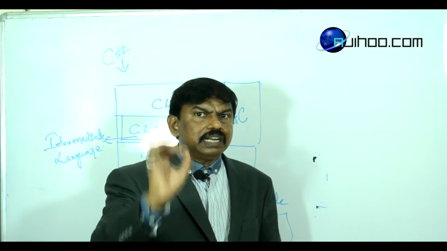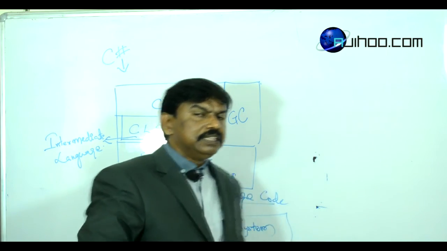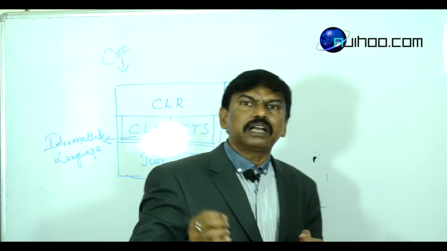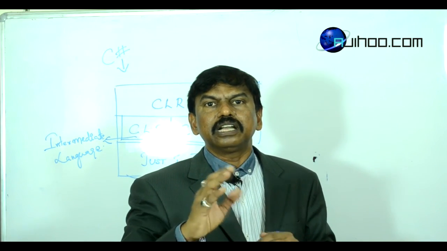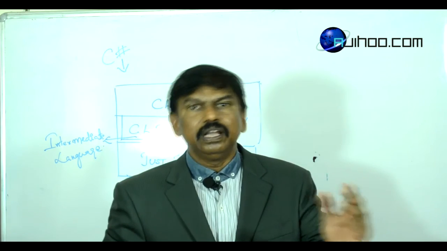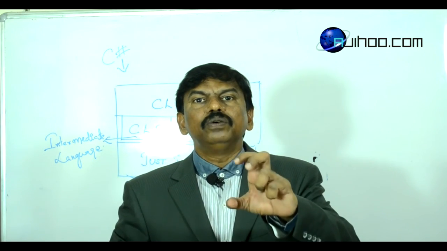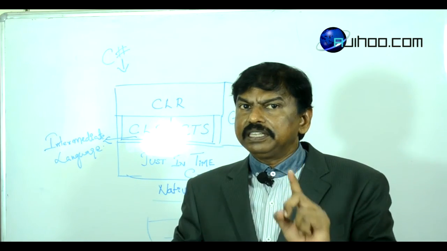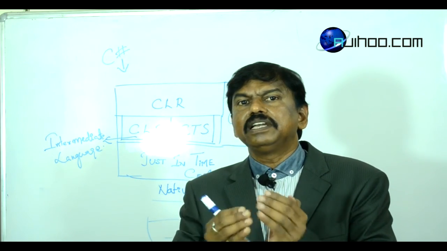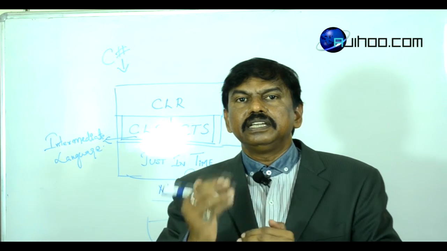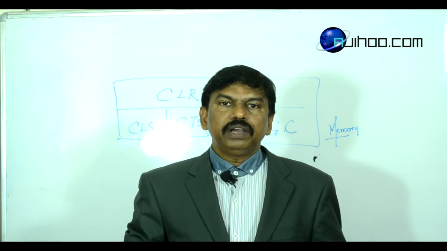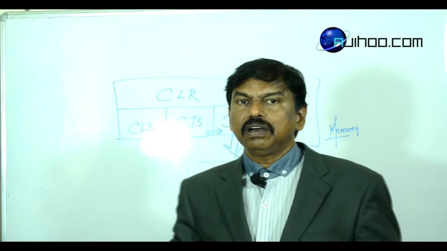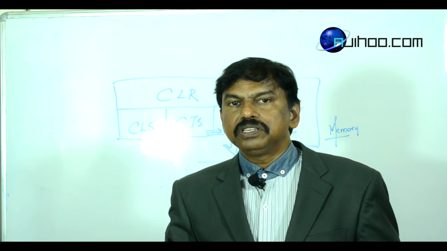Once the intermediate code is developed, this will be sent to the just-in-time compiler. Just-in-time compiler will convert this intermediate language code into native code. Native code is predominantly understood by the operating system, and the operating system will develop the applications desired by the programmer.